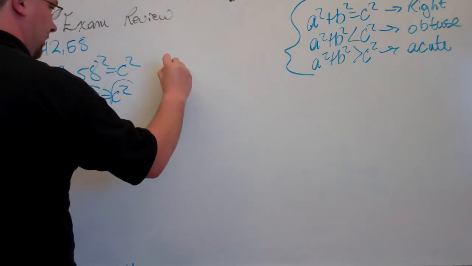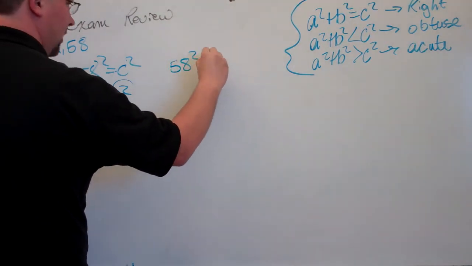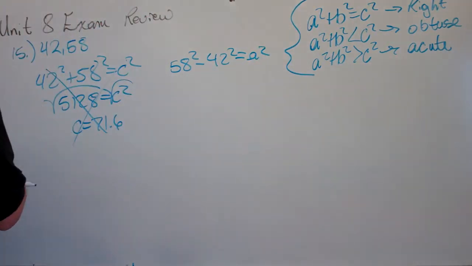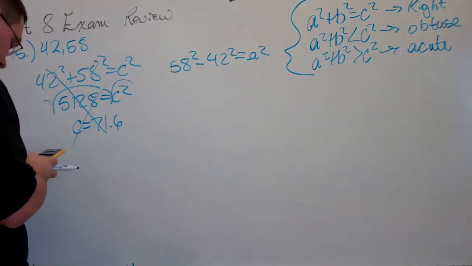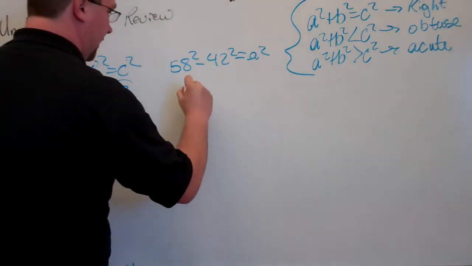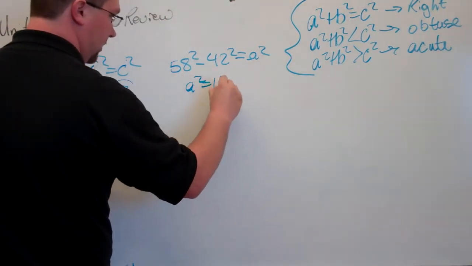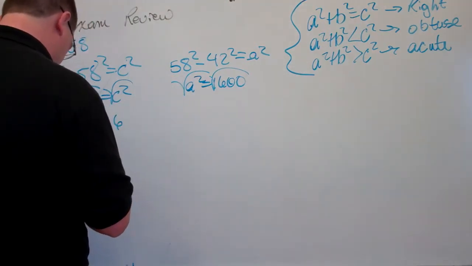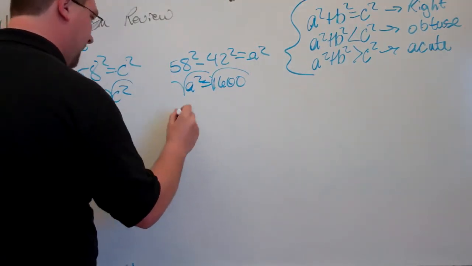So now let's subtract them. 58 squared minus 42 squared equals a squared. That gives us a squared equals 1600. Square root both sides, and you should get 40.